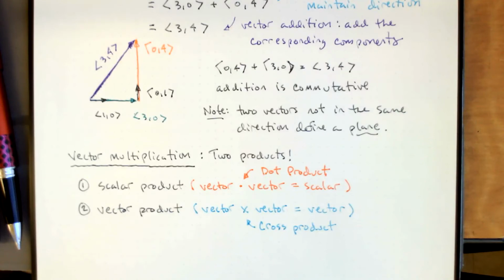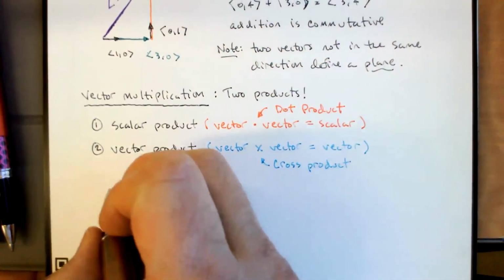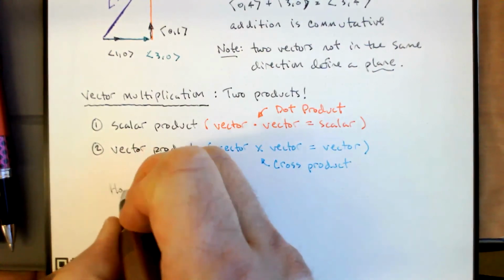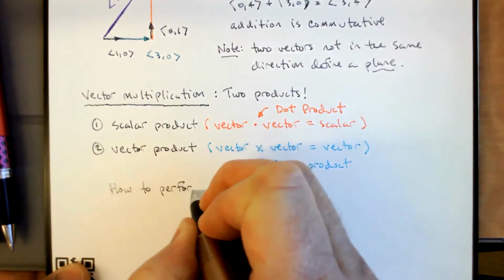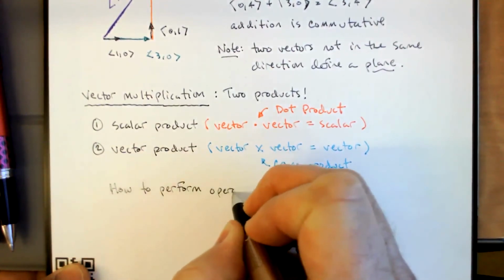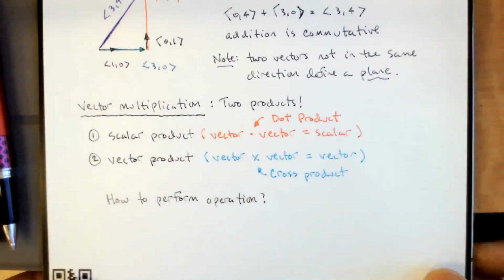Why do we care? So for each of these operations, how do we perform the operation?